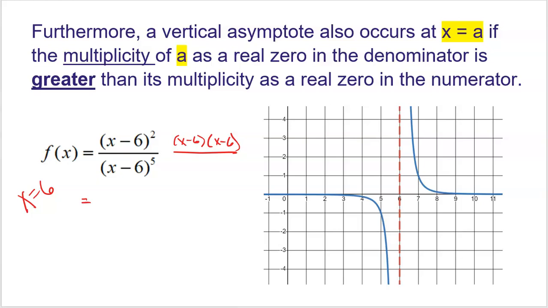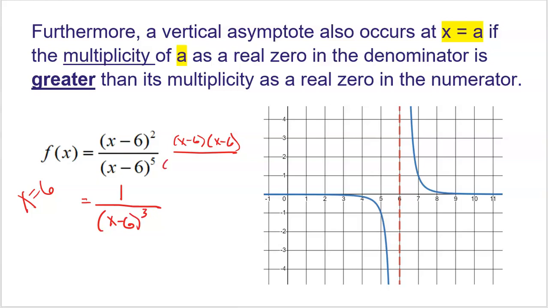But if you think about what's happening here, this function would actually reduce. Because if you have a common base, you could subtract the powers, or you could think about them canceling or reducing out, right? The x minus 6, the 2 of them in the numerator are going to cancel out with 2 of them from the denominator. That's going to leave behind a 1 in the numerator and an x minus 6 cubed in the denominator.